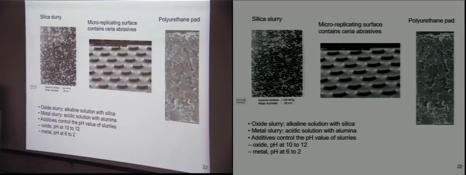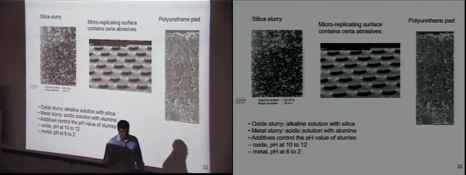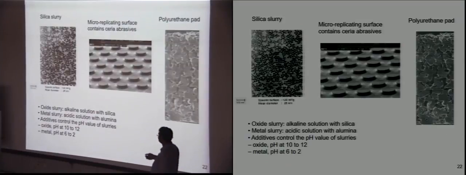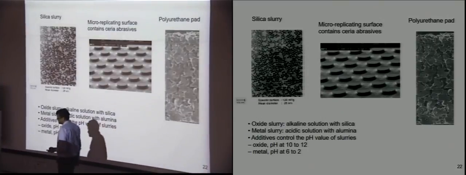These are the active components of it. You could even have bactericidal materials added inside so that bacteria and fungus don't grow in the solution. So all kinds of stuff goes inside here, but the most active materials are this slurry and this polyurethane pad. So now let's look at the examples of oxide slurry and a metal slurry.